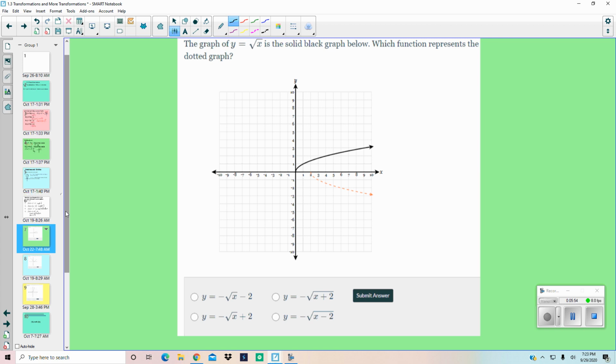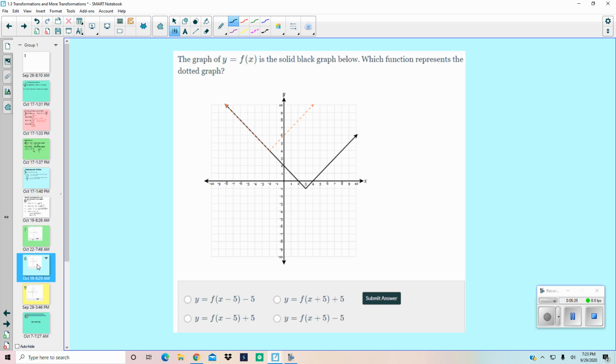Okay, so since it moved 2 units to the right and was reflected about the x-axis, the answer is going to be here because of this negative in front and the x minus 2 under the radical.